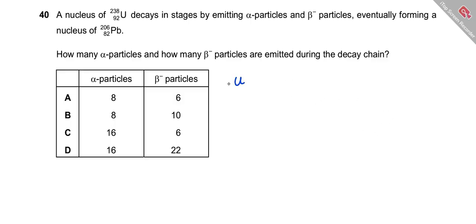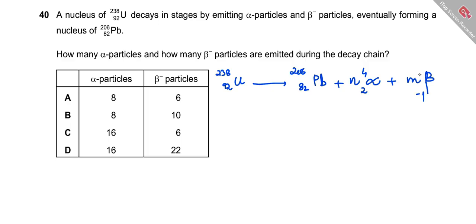We had uranium 92, 238, and the daughter atom we had was lead 82, 206, and then a certain number of alpha particles with charge number 2 and mass number 4, and a certain number of beta negative particles were emitted, right? So this right here is our equation.